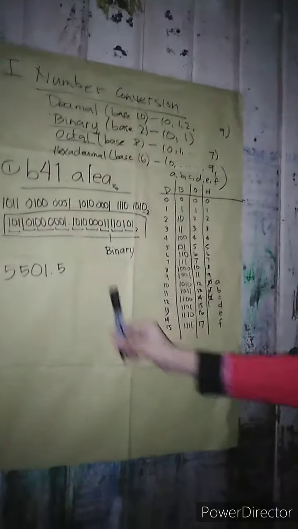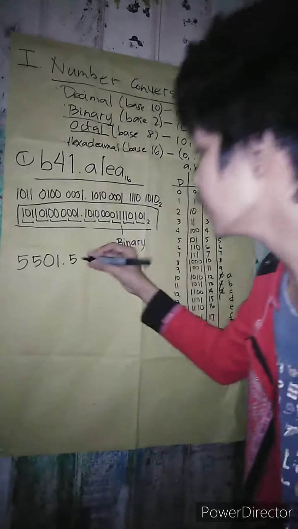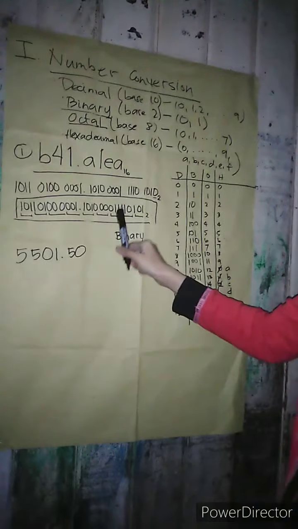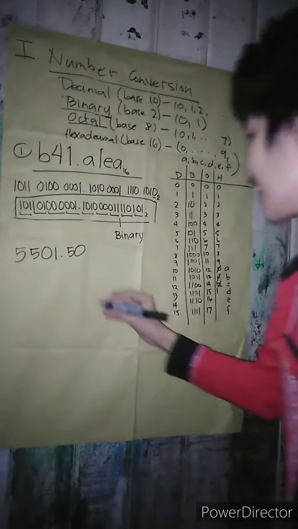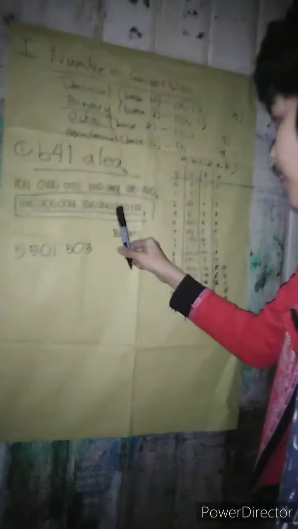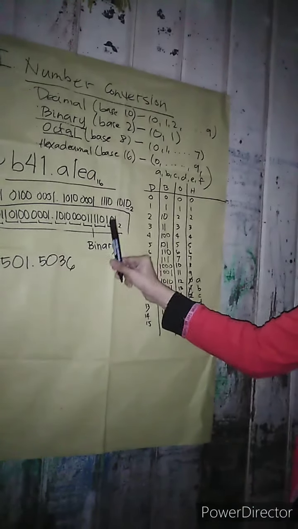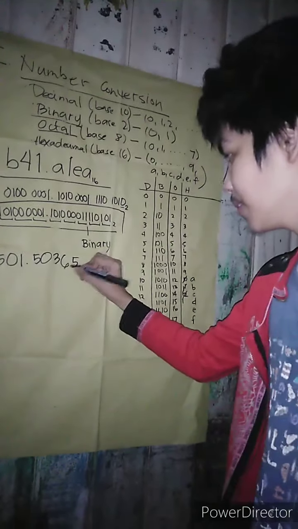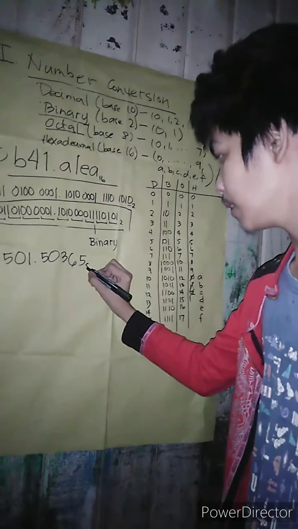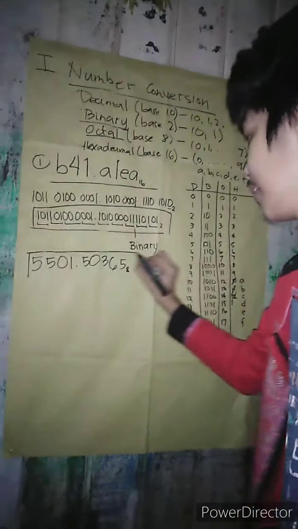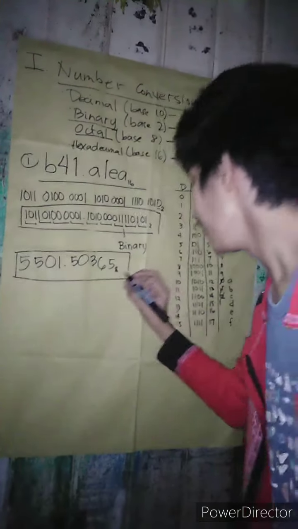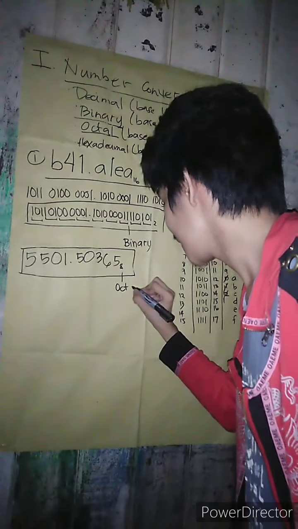Yes, I'm doing the right thing, yes. 000 is 0. 011 is 3. 110 is 6. And 101 is 5. Finally, base 8.